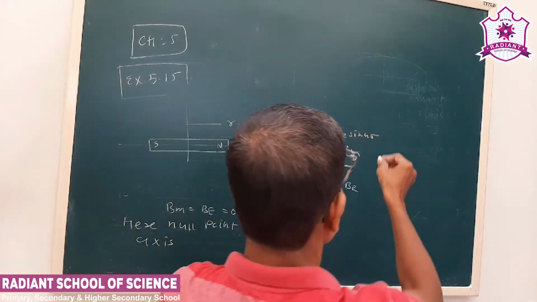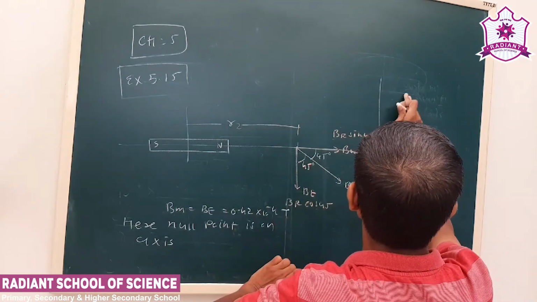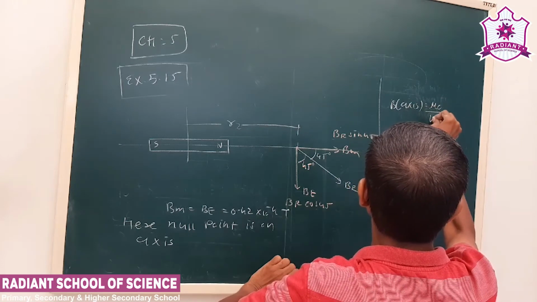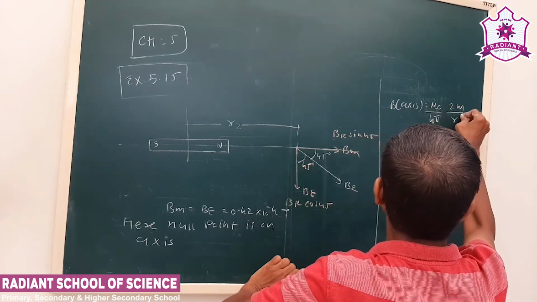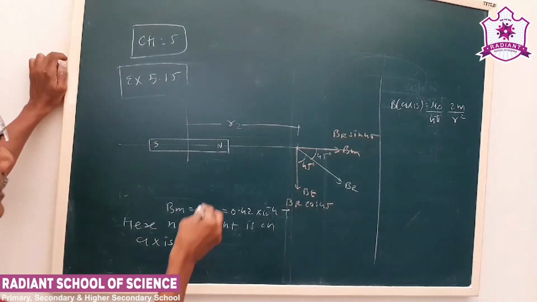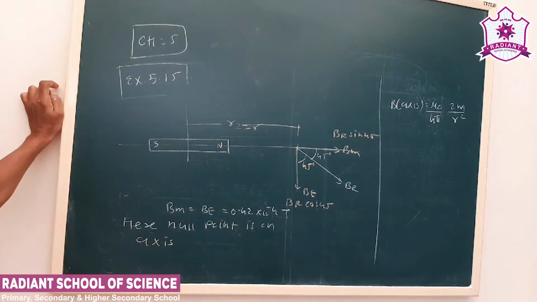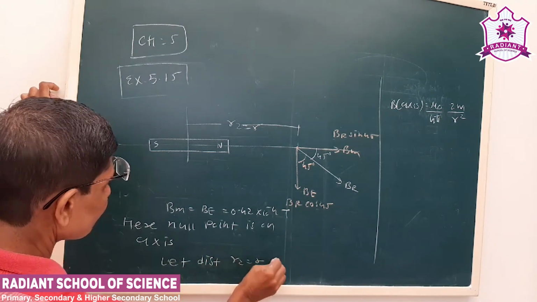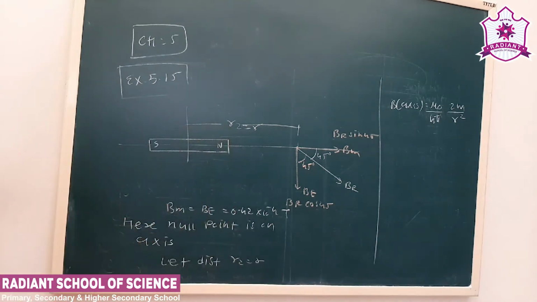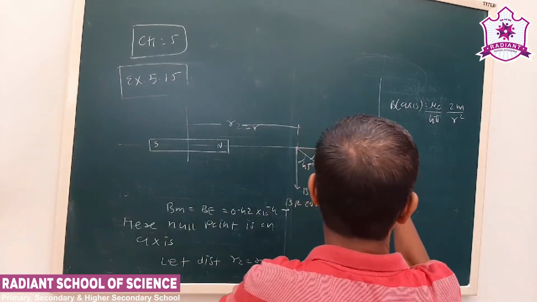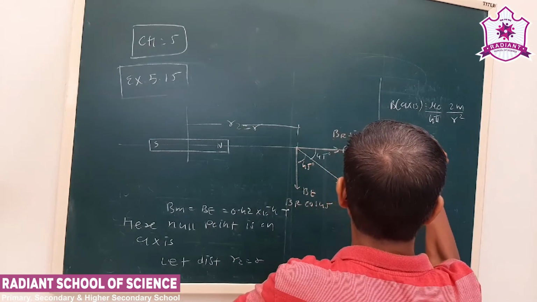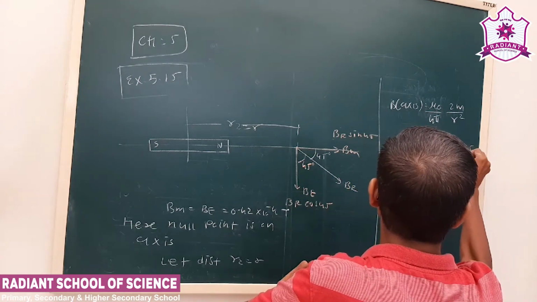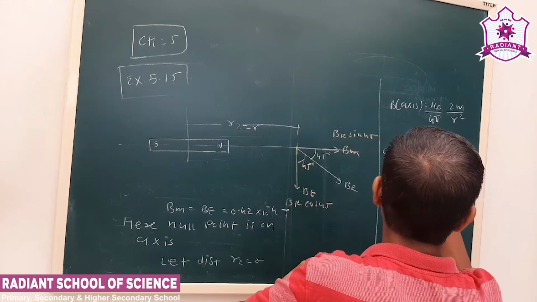So the B axis formula is mu0 upon 4 pi. Now let us say distance r2 is r. That is given as 0.42 into 10 to minus 4, with 10 to minus 7 and r cube.